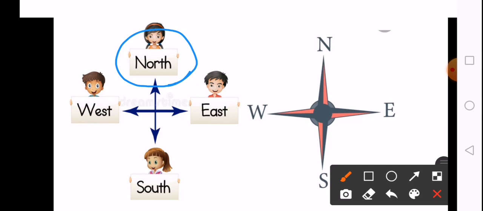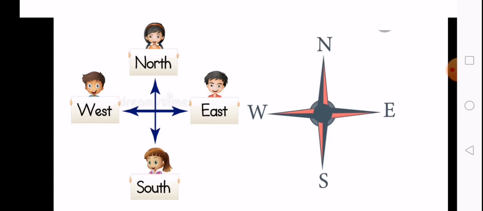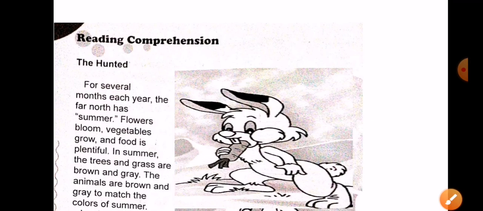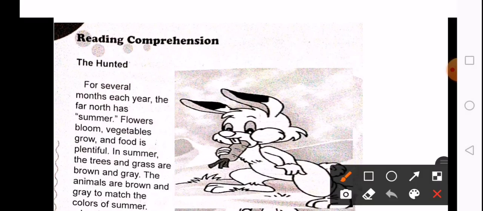It's a region or place, okay? Flowers bloom. It means here it's opened. Vegetables grow. Okay, to grow. Vegetables like what? Like tomato, cucumber. And food is plentiful. Food is so much.